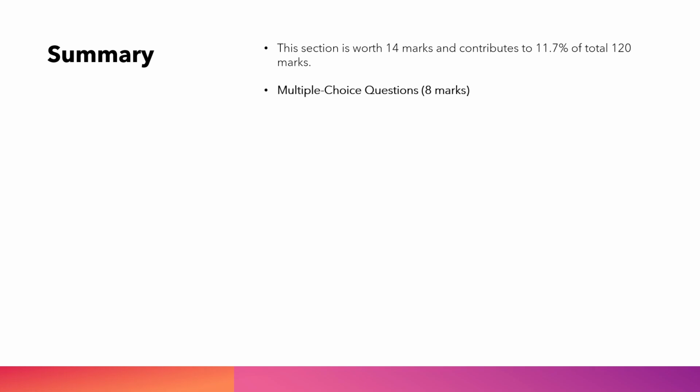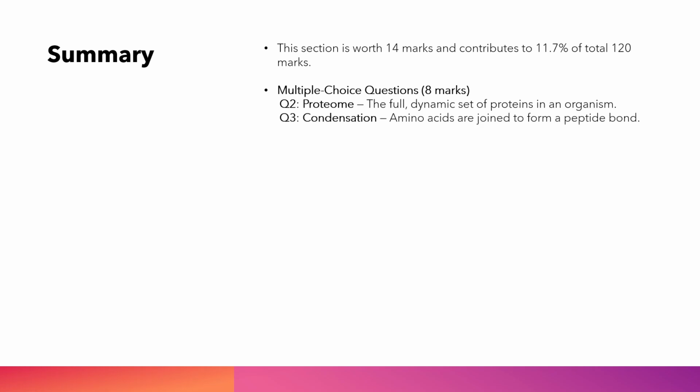This section is worth 14 marks and contributes to 11.7% of the total 120 marks. Multiple choice questions, 8 marks. Q2, proteome, the full, dynamic set of proteins in an organism. Q3, condensation, amino acids are joined to form a peptide bond. Q4, degeneracy, multiple codons specify one amino acid, protecting against mutations.